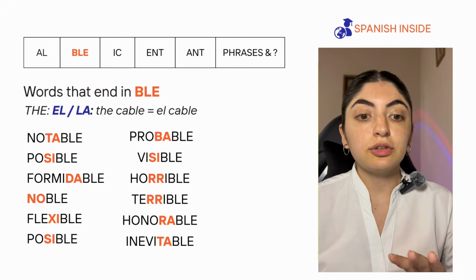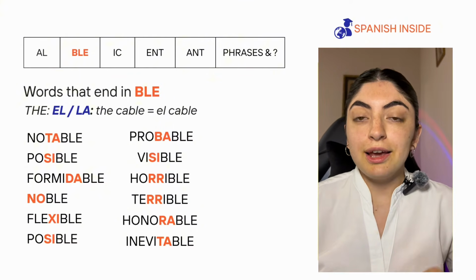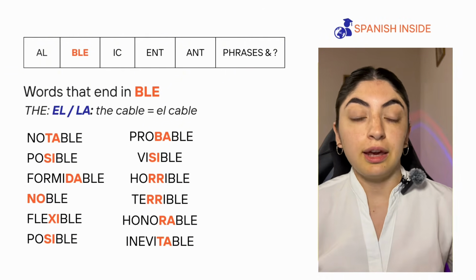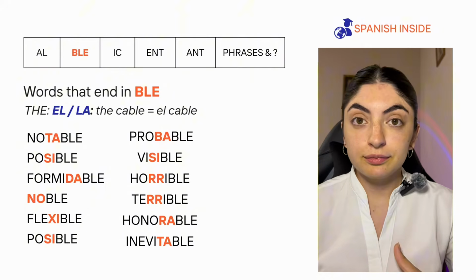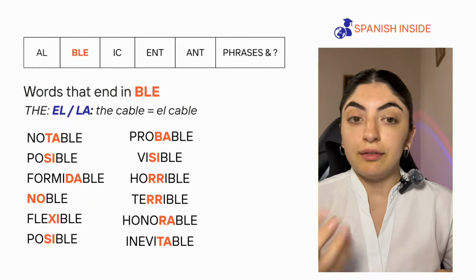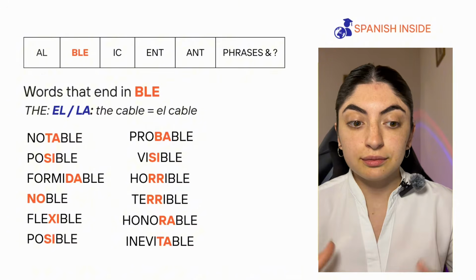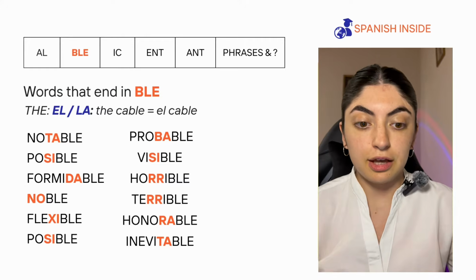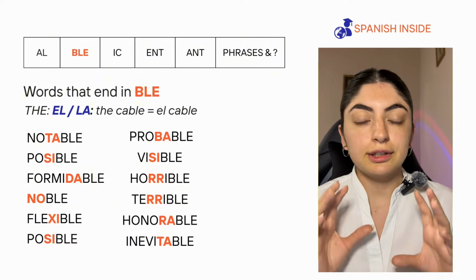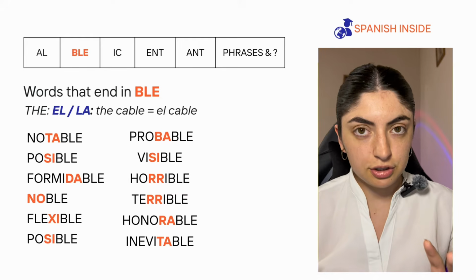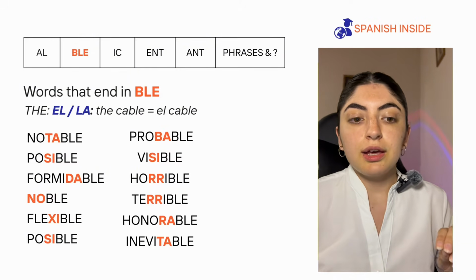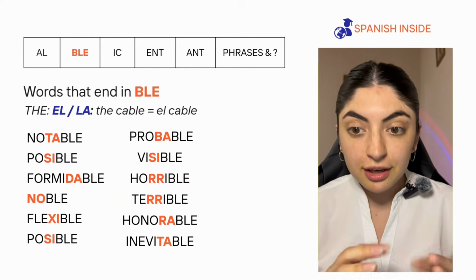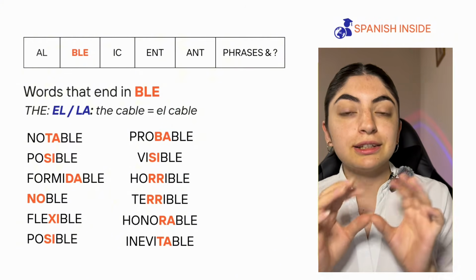Now, let's continue. Words that end in ble. For example, the cable, el cable, notable, posible, formidable, and the rest of them that, if you take a look at them, are exactly the same in English. Now, Spanish words that end in ble are stressed on the next to the last syllable.